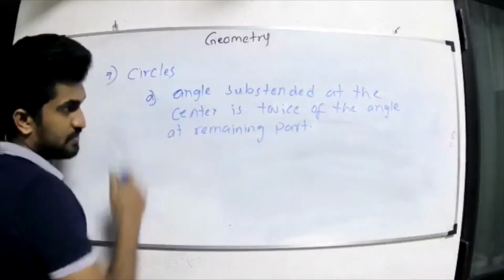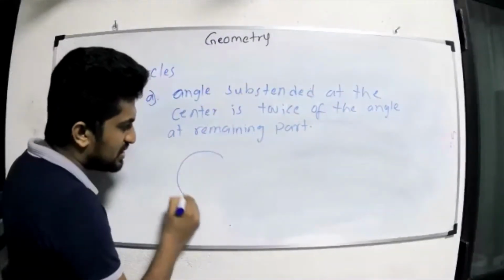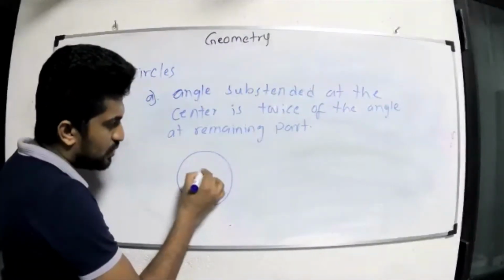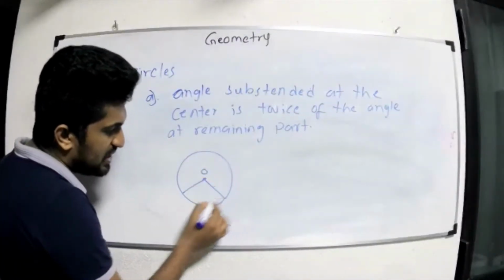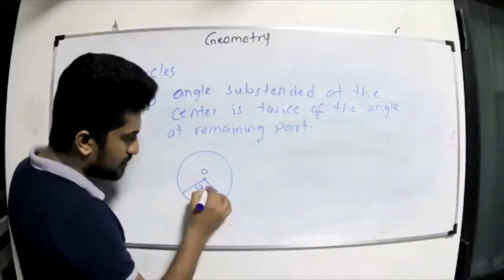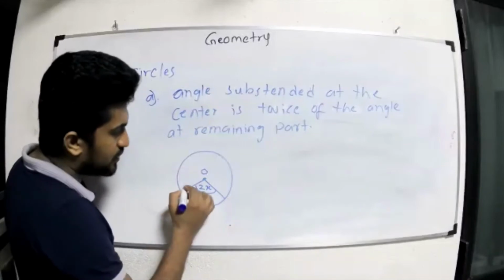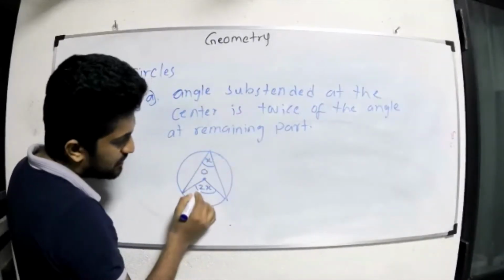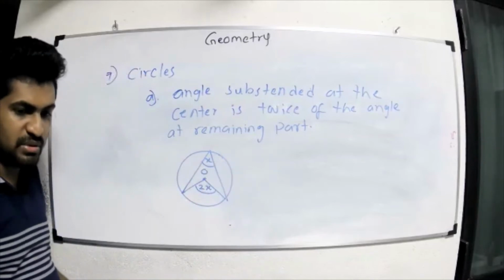What is that about? If I consider a circle like this, with center O, the angle subtended at the center is this angle. This angle is twice this one. If this is x, this angle is 2x. That is the relationship.